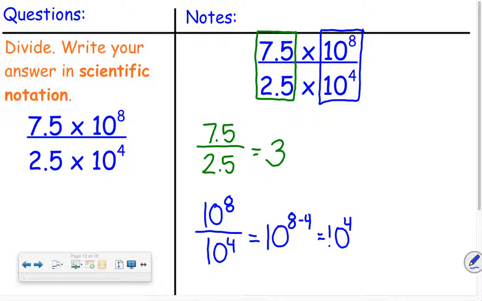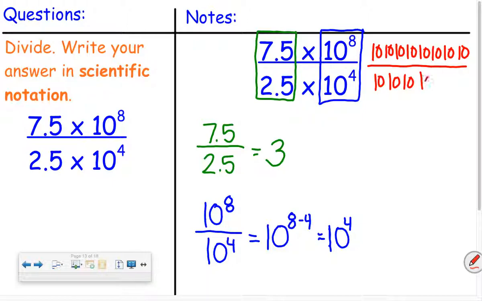If you're wondering why we subtract our exponents, you could expand this. So 10 to the 8th would be 8 tens. 10 to the 4th would be 4 tens. And then to simplify, we just cancel them. So you're left with 4 tens. So that's how we got this 10 to the 4th right here.